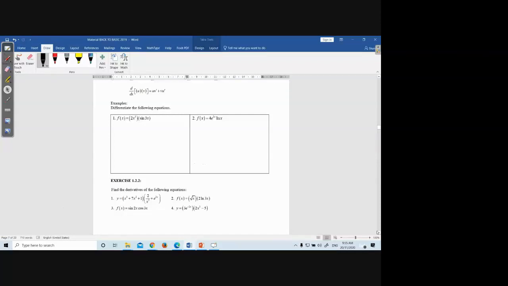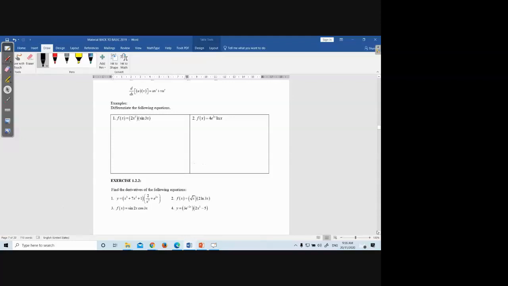Now we have a quite complicated one. We want to find the derivative of the following equation. How are you going to differentiate this? What is the technique?